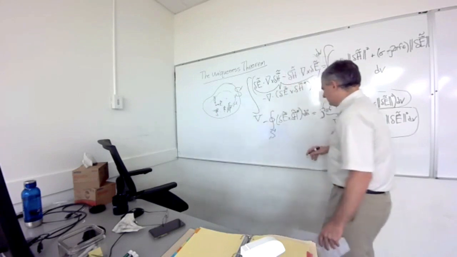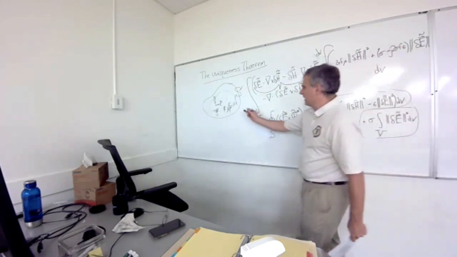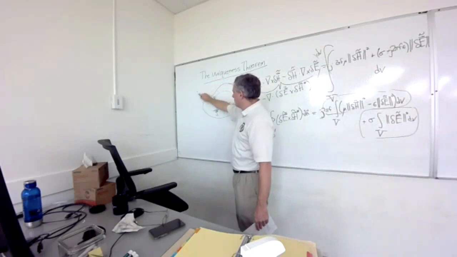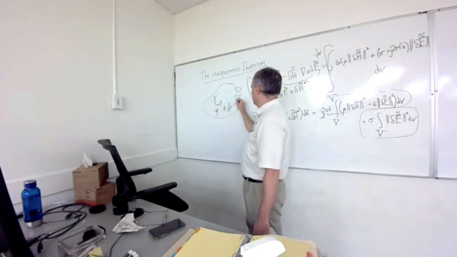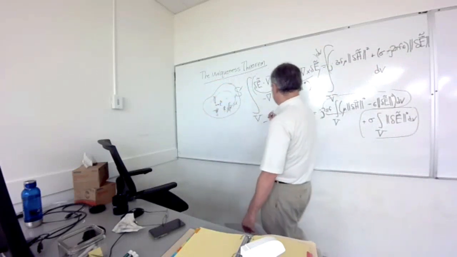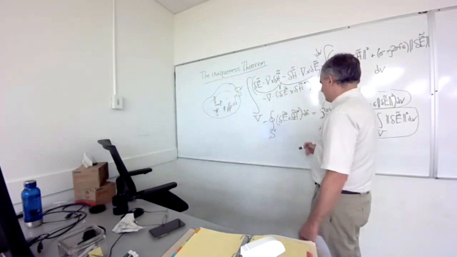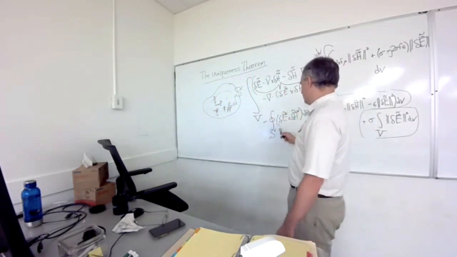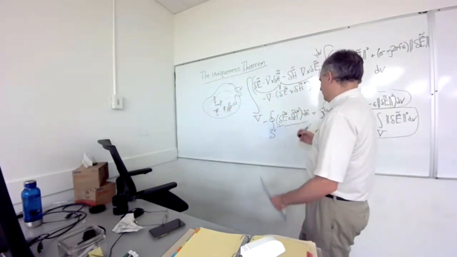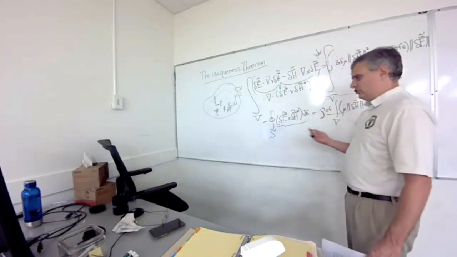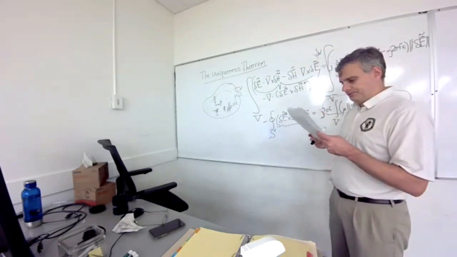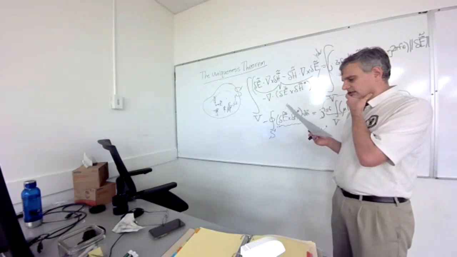So dn is a differential element of integration that slides around over the surface, picking up just the normal contribution of that field solution coming out of the volume.